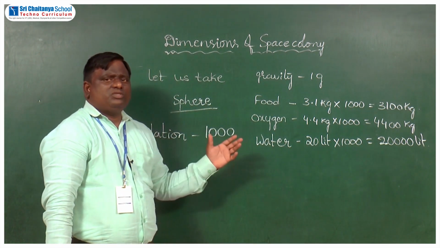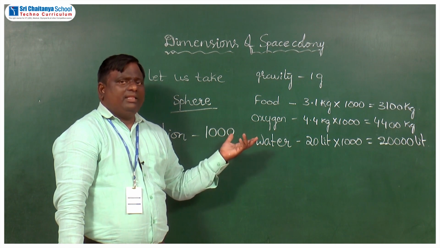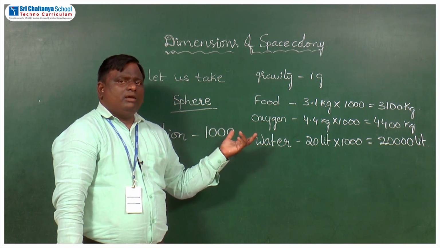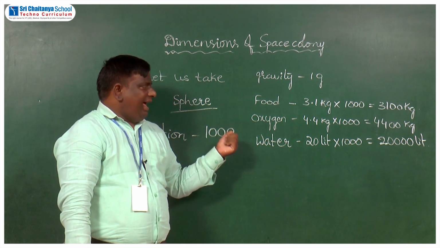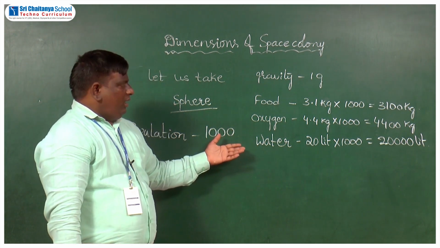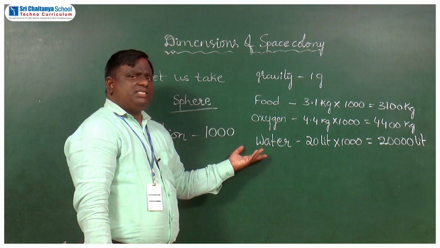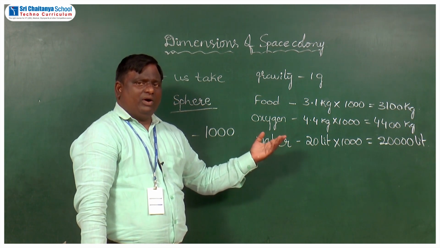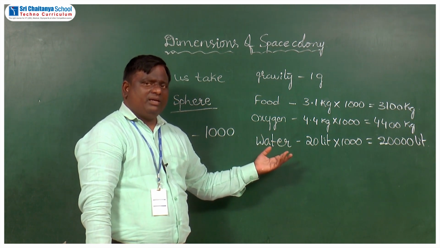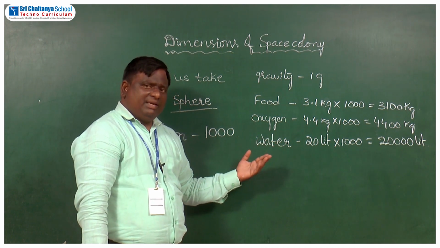You can convert this 20,000 liters into any other higher dimension also. Okay. And then come to the thickness or shielding. The shielding should be the same. We can go with a shielding of 12 meter or 14 meter or 16 meter. We can go with the same temperature, same pressure.